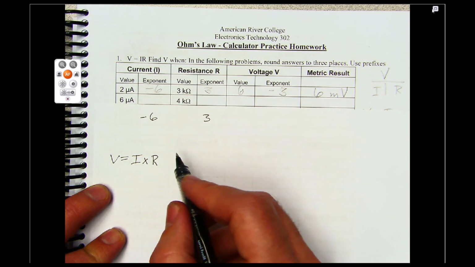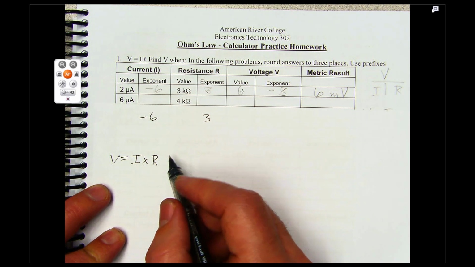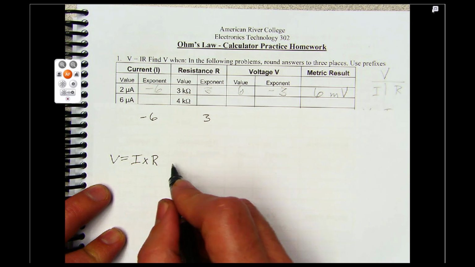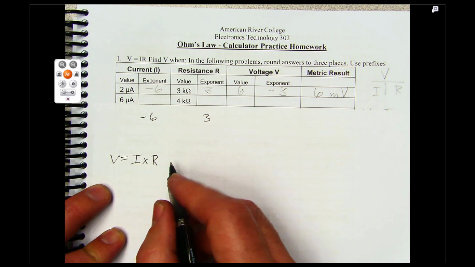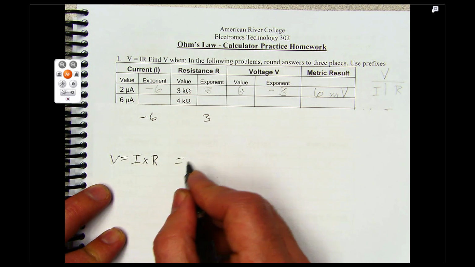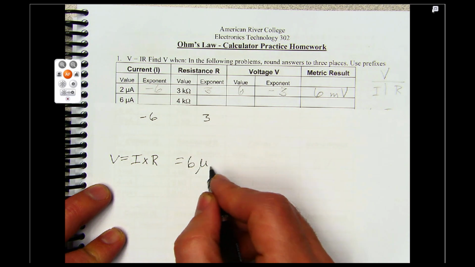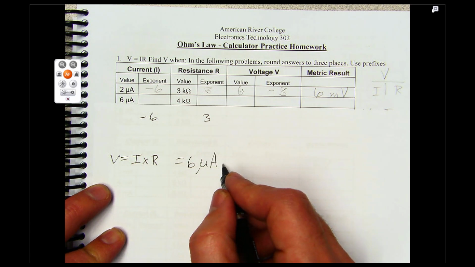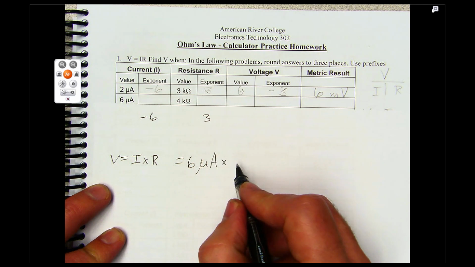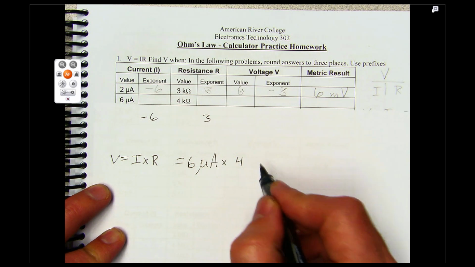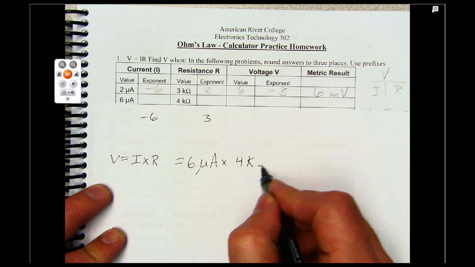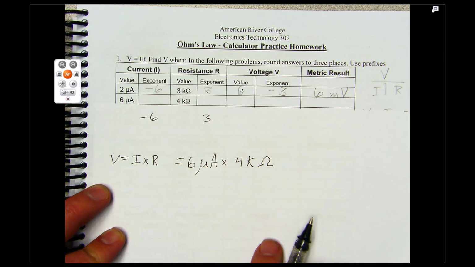So the voltage would be 6 microamps times 4 kiloohms. Okay?